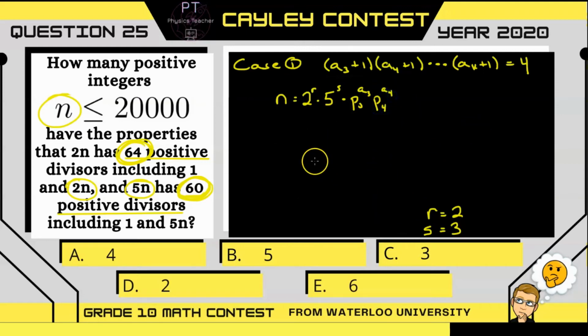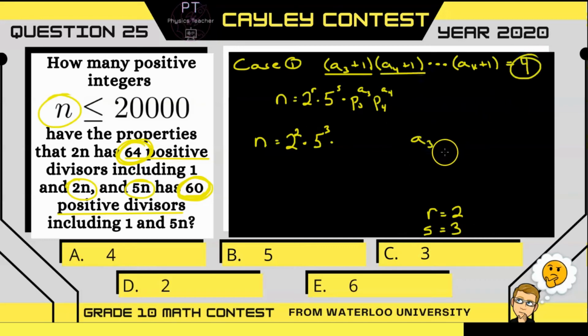But now what I know is that n is going to be 2 to the power of r, where r is 2, 5 to the power of s, where s is 3, and then we had the option where a3 plus 1 and a4 plus 1 were both equal to 2 in order for this to equal 4. So we had a3 + 1 equal to a4 + 1, which is equal to 2. And that would mean that both a3 and a4 are equal to 1.